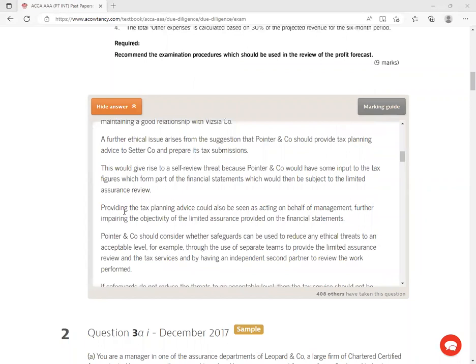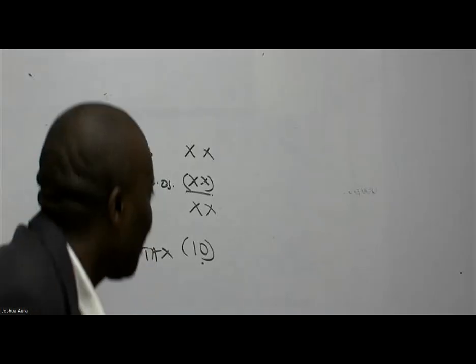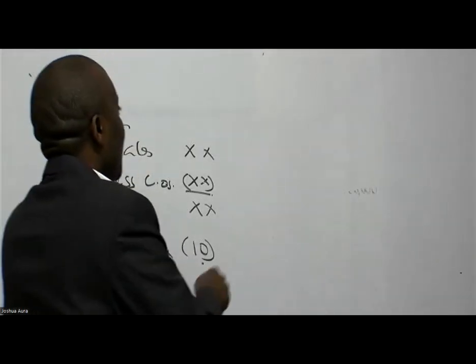Right. So providing tax planning advice could also be seen as acting on behalf of management, further impairing the objectivity of the limited assurance providers on the financial statements. Ladies and gentlemen, when you are offering this tax planning, even tax computation itself, at the end of the day, you're putting yourself under these advocacy issues.